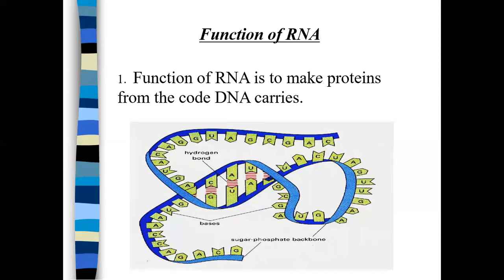So the person having black eyes, his DNA will consist of the codes that will produce the black color protein, for example. Similarly, the person whose DNA consists of the codes that result in the formation of longer height, such a person will have long height.